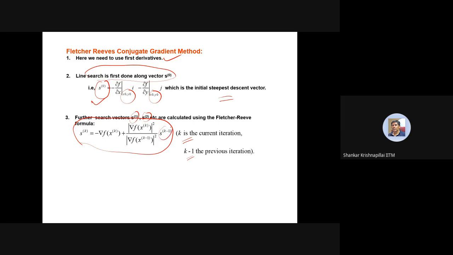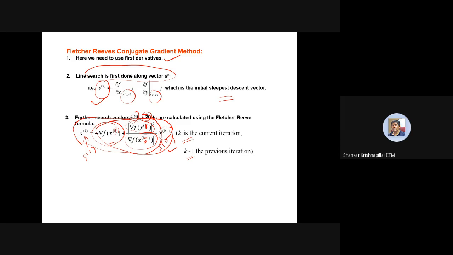Here you have S0, and here you have S1. After you find S0, you have to find all these things. This is the absolute value of the del F vector at x0, and at x1. Then this is the absolute value of del F vector at x0, and this is the negative of the del F vector at x1.